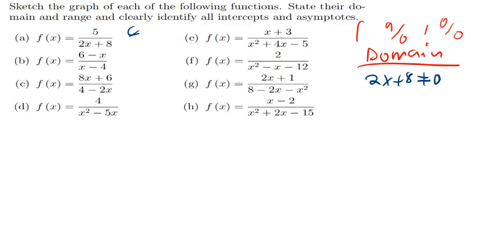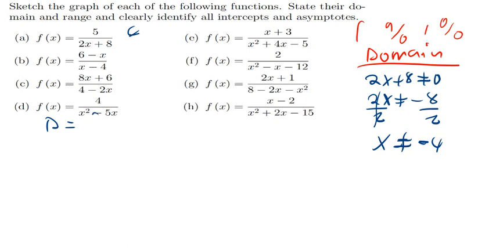Solve for x. So 2x is not equal to negative 8. I've shifted 8 to the other side. Divide both sides by 2. These two will cancel. Therefore, x is not equal to negative 4. Then I can clearly see that the domain is all real numbers except negative 4.